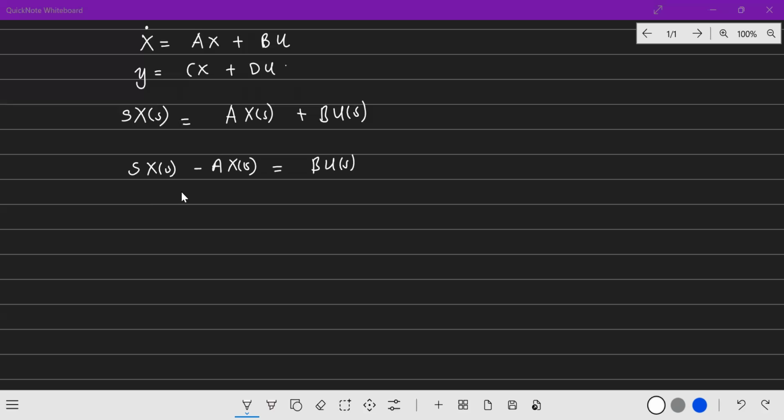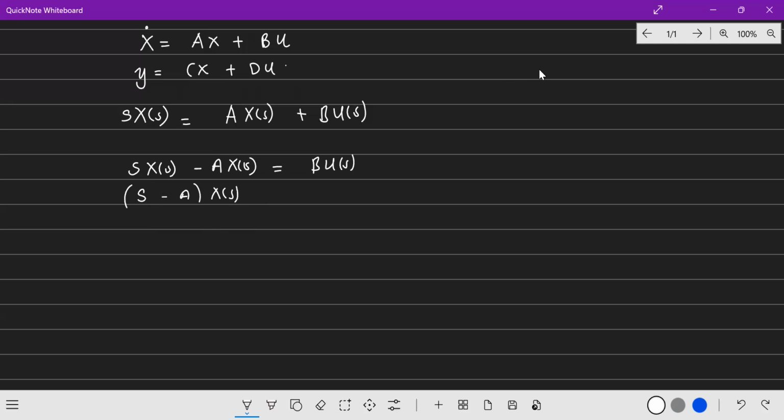So this will be (s minus A) times X(s). But guys, come on, A is a matrix, and s is just a number, like a complex number. I can't subtract a matrix from a number. It's impossible.